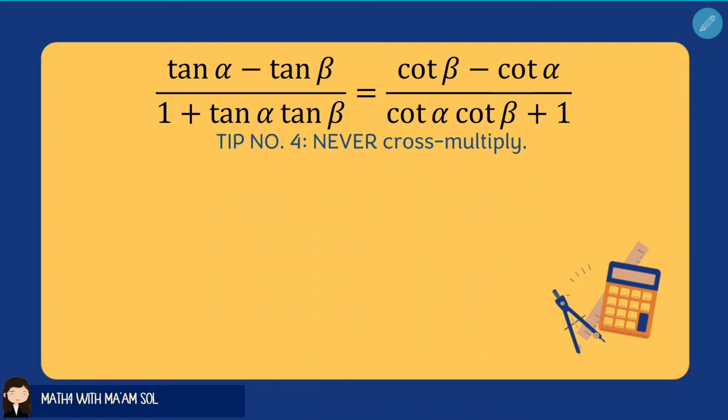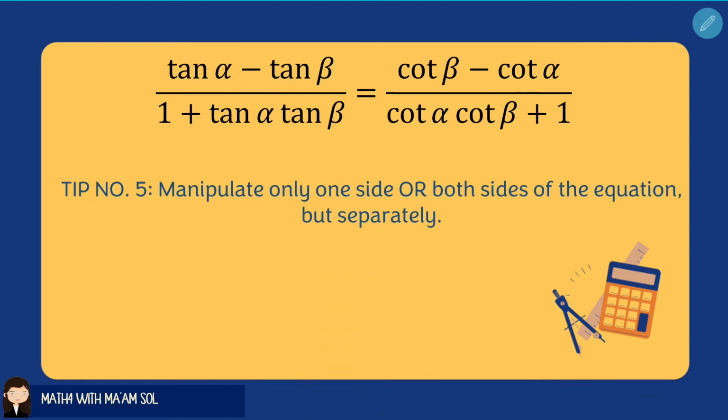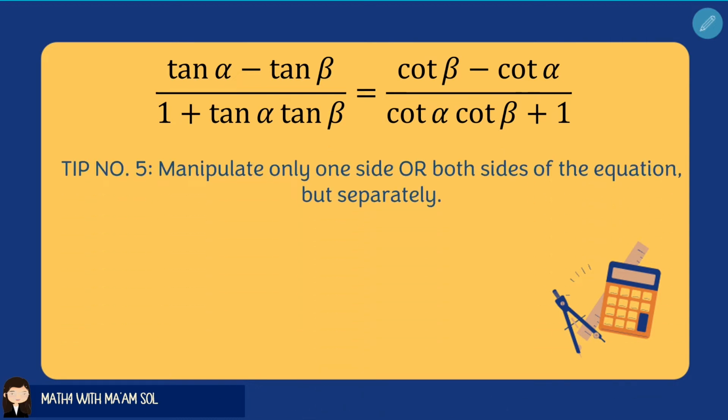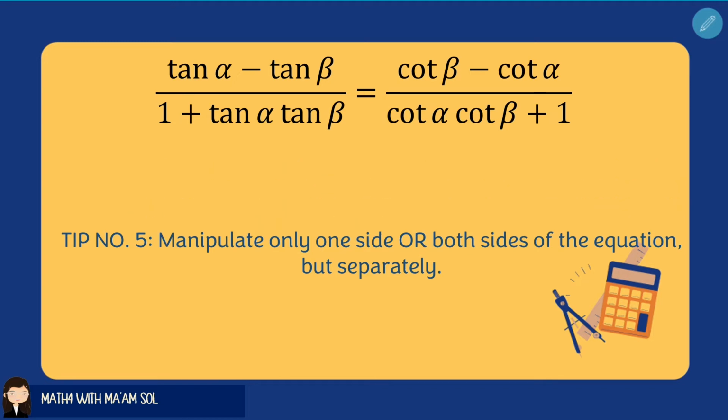We don't do that when proving trigonometric identities. Remember that we only cross multiply when we are solving equations, which is not the case here. So what can we do? Tip number 5, we can manipulate only one side of the equation, or in some cases both sides of the equation, but separately.